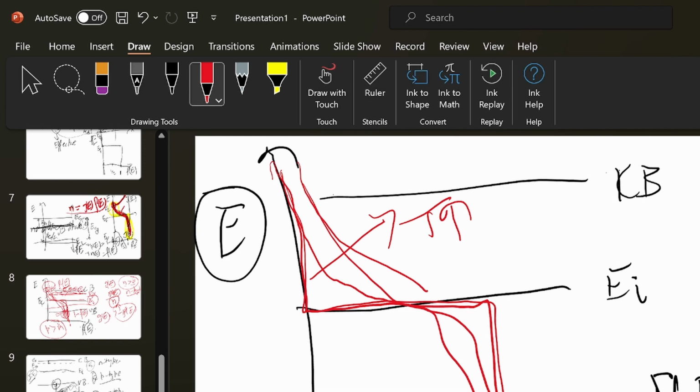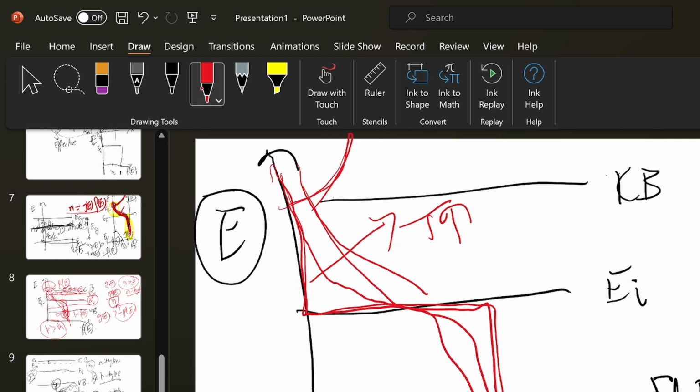There was a density of states function in the valence band, and this one in the conduction band.